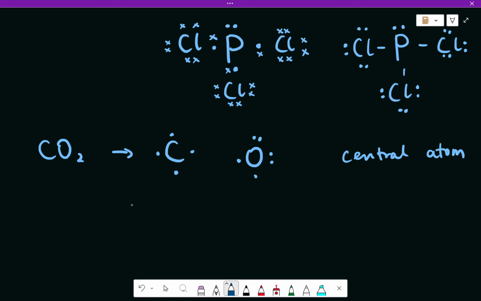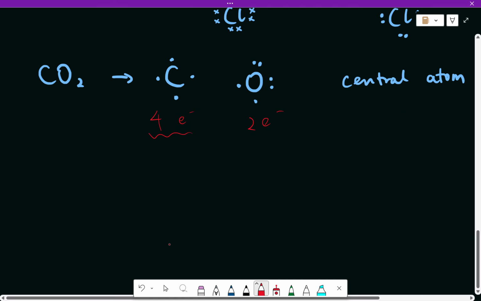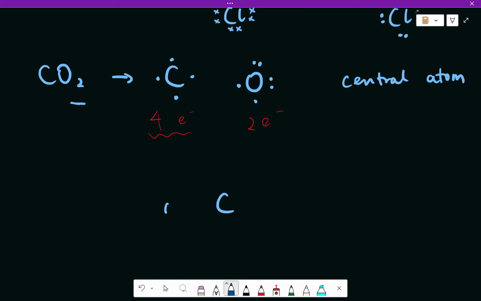And in this case, we're going to see that carbon has 4 bonding electrons and oxygen has 2 bonding electrons, which means our carbon will be the central atom because it has the highest number of bonding electrons. So we're going to put our carbon here, and we have 2 oxygens. So likely we're going to put our 2 oxygens on both sides because symmetry yields a stable structure.